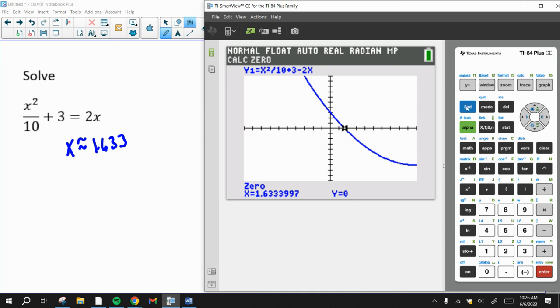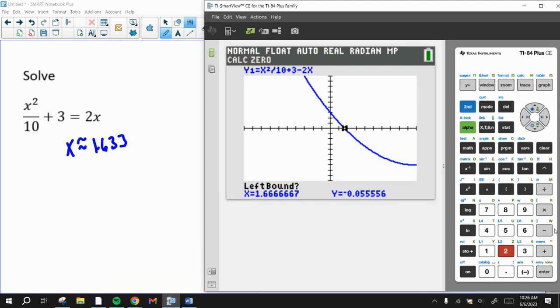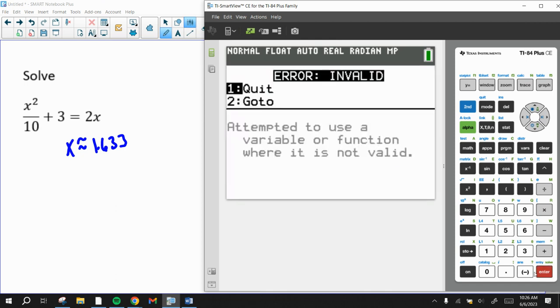So if you tried it here like this, second calc 0, and say I think that 0 is somewhere between, say, 10 and 25. So left bound is 10, right bound is 25. The calculator is not going to like that, and here's why.